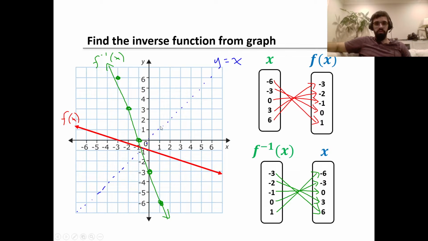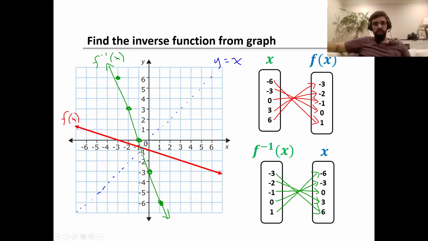One more thing to note, what is this blue line here? This blue line is the line y equals x, and it represents a line of symmetry between the original function and its inverse function. So if I reflect my function over this line of symmetry, then I will end up with the inverse function.